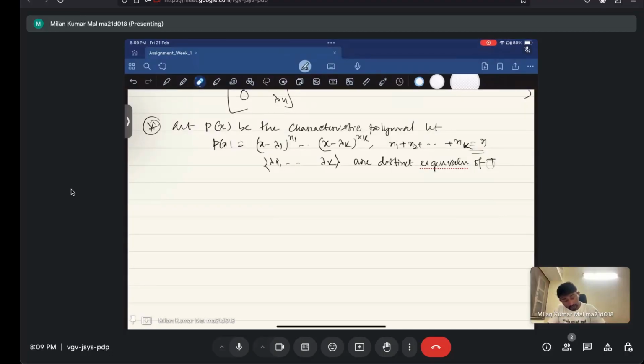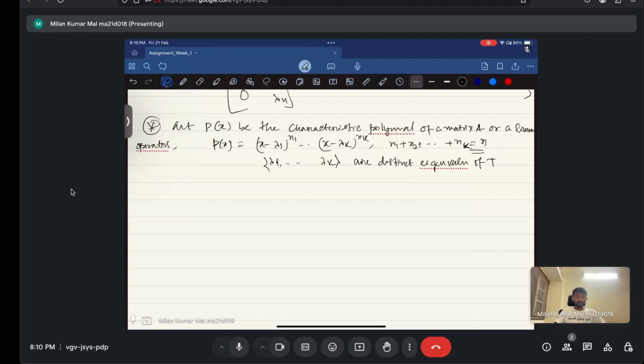Let P(x) be the characteristic polynomial of a matrix A or a linear operator.